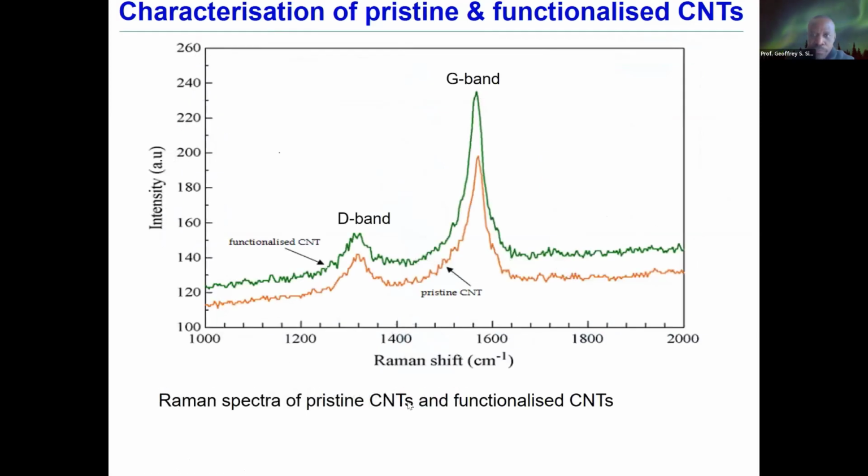But we also observed that the carbon nanomaterials did not lose their structure so much. As you can see, they still had the G band and the D band.